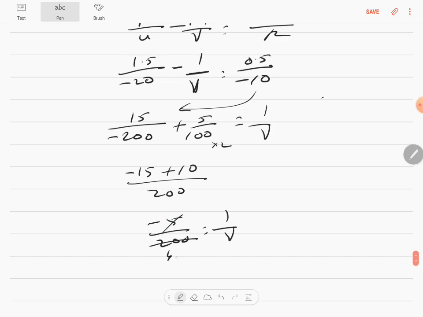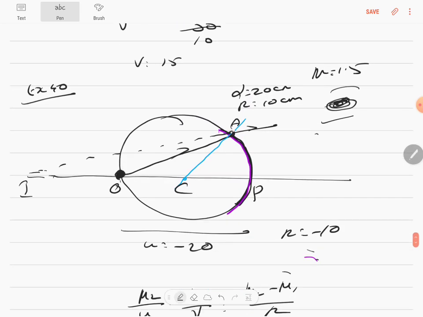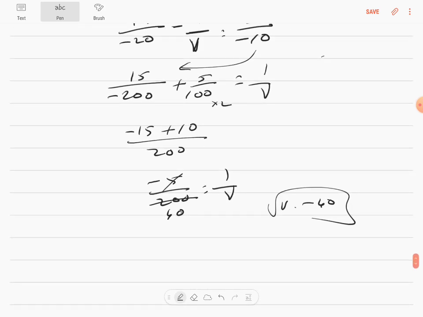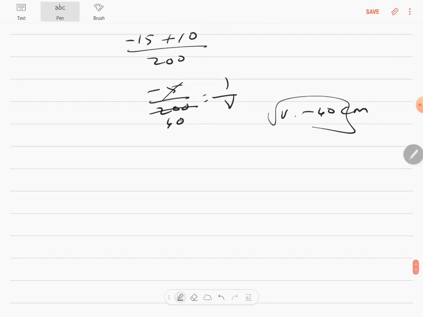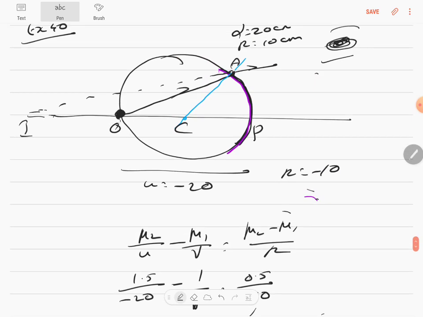So 5 4s are 20. So you have to get minus 40 to show that it's going to be on the other side. So that's what it is. So minus 40 centimeter. Let's go to the next question. If you don't place the mark exactly along the diameter, you cannot even do the sum ever. So you should know this.